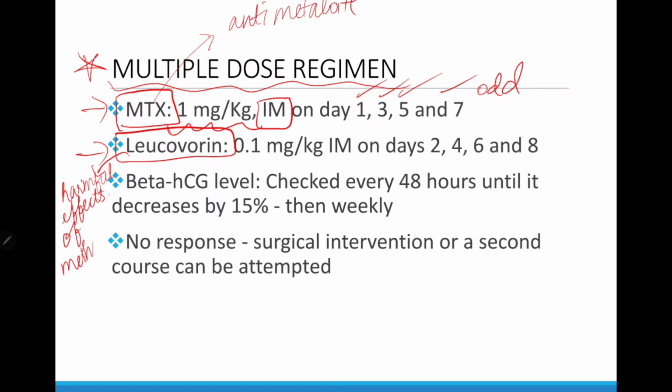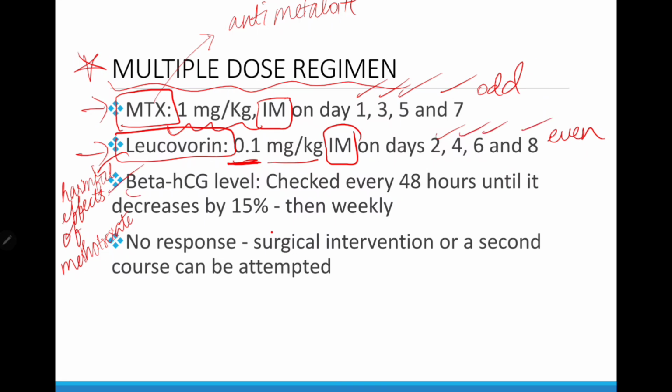That is why it's given in combination. It's a multiple dose regimen of methotrexate. So remember, methotrexate is 1 milligram per kg IM on all the odd days, whereas leucovorin is 0.1 mg per kg again IM on all the even days, that is 2, 4, 6, 8.